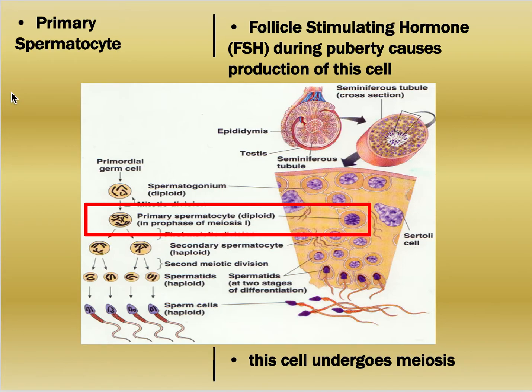Then you have your primary spermatocyte. The follicle stimulating hormone during puberty causes production of this cell. So you have all of those cells for the most part, and then once you hit puberty, you're going to get your FSH, or follicle stimulating hormone, that is going to cause production of these primary spermatocytes, which are pretty much going to start spermatogenesis.